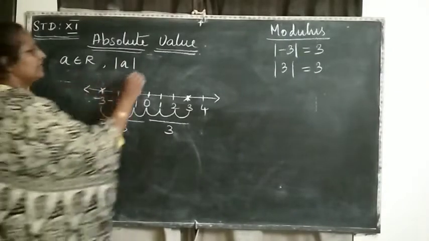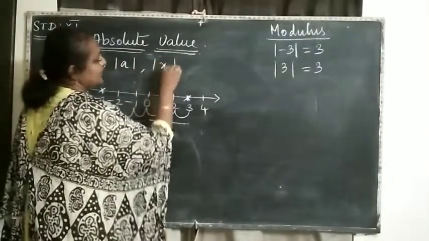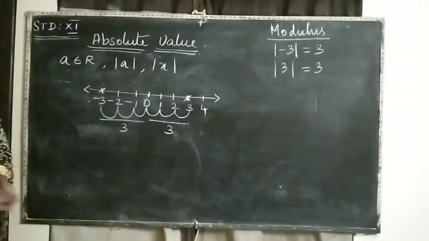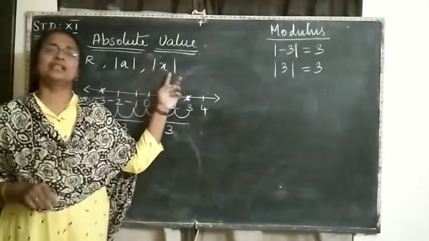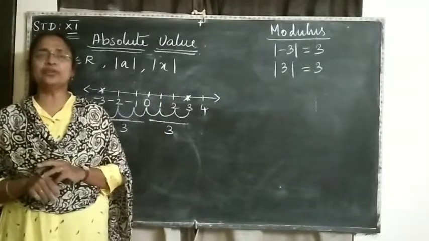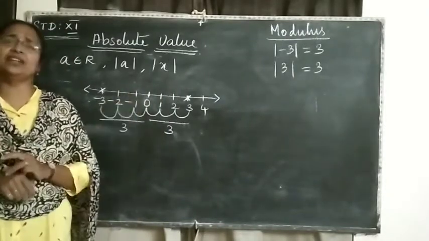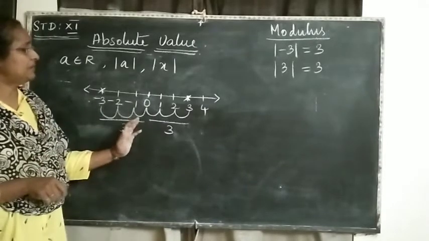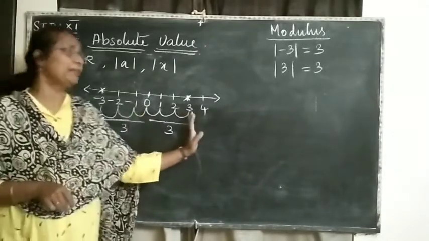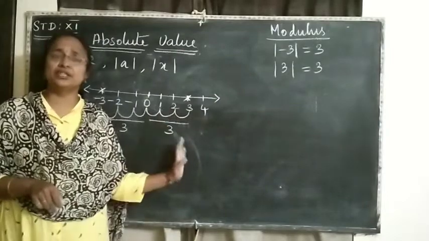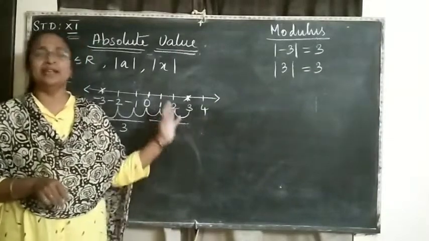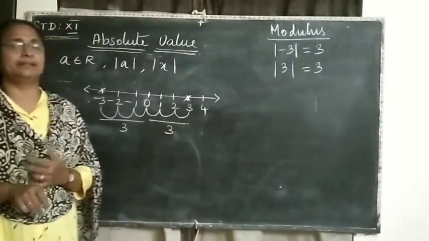Now in general we are going to assume it as modulus of x, since we don't know the value. Is it clear for you? So just get into the definition of the absolute value as it is given in your book. The distance between 0 and a particular real number is said to be the absolute value of that particular number.